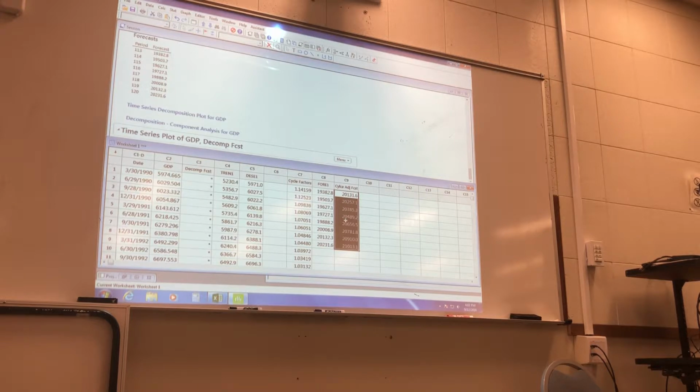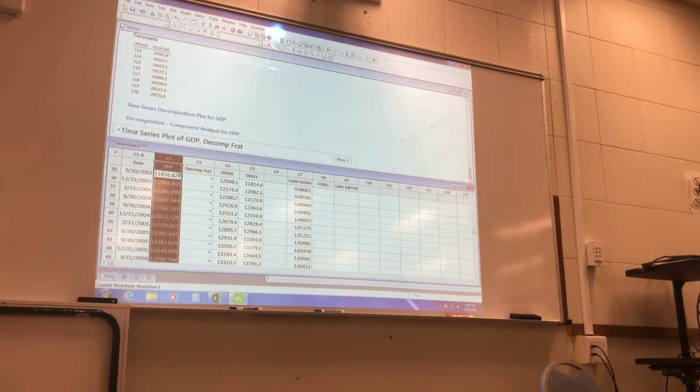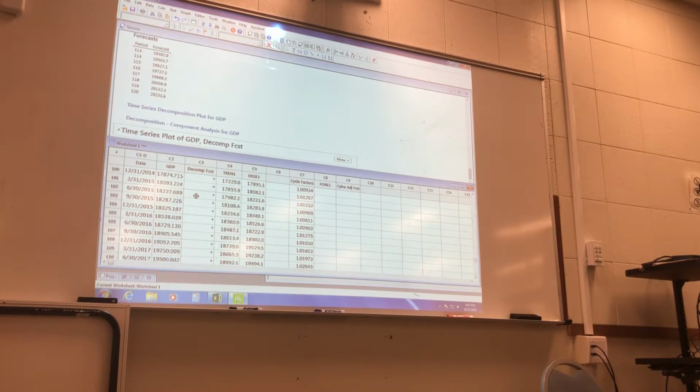And that cycle adjusts the forecast. Then I copy that cycle adjusted forecast and put it just below the end of the variable that I'm forecasting, that's GDP. In the first open space at decomp forecast, I paste the forecast. Okay? Is everybody with me?